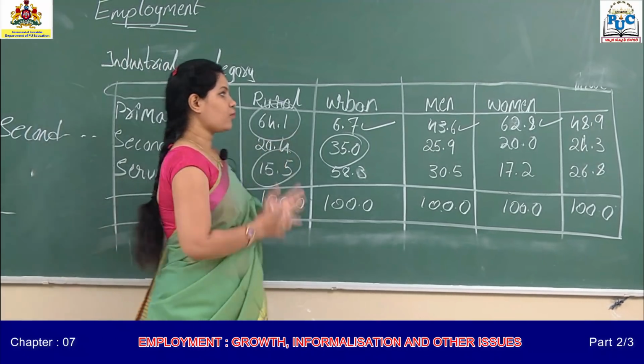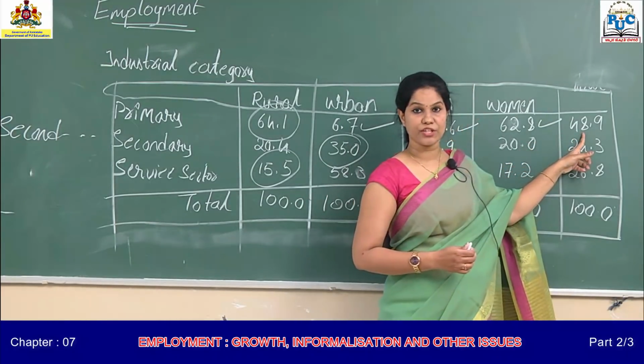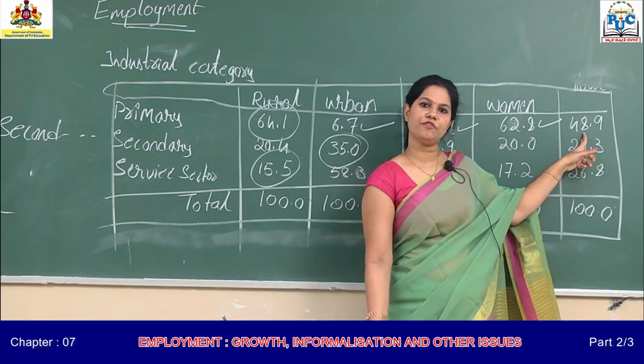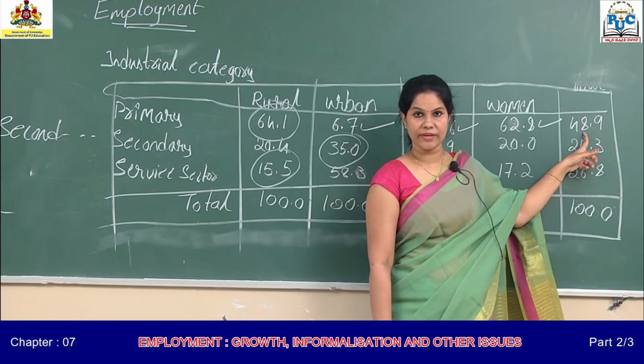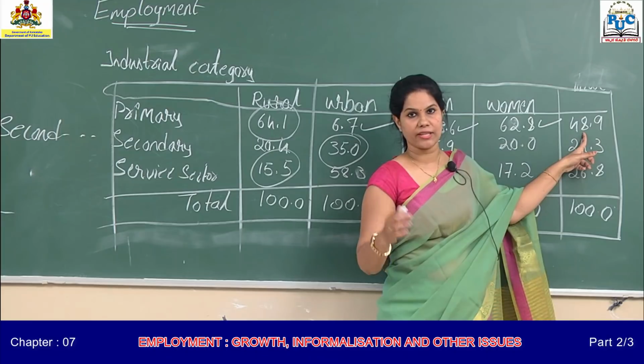So after talking about this, when I come to the conclusion part, primary sector participation is 48.9%. If you want to give a perfect number, you can say 50%. The 50% is a very big number. Half of the population in our country directly or indirectly involve themselves in agriculture.